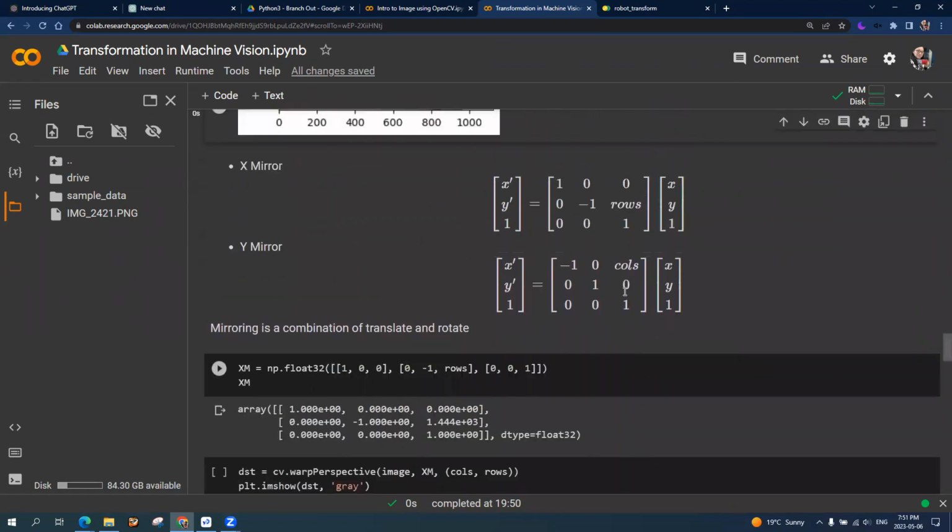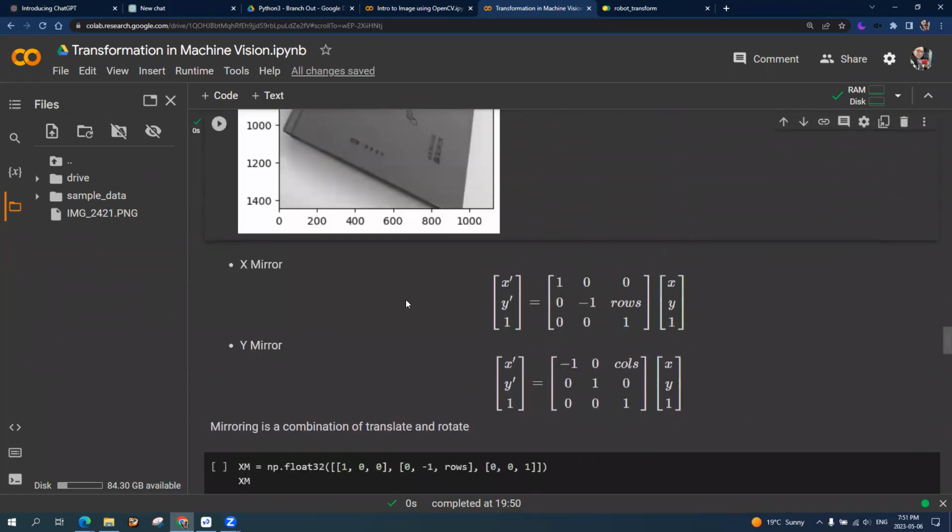Okay, so next thing, the mirroring. X mirroring and Y mirroring. So this is the matrix for doing the X mirroring and Y mirroring. That's the X and that's the Y. If you look at this, you can kind of see that, remember, this is where the translation numbers go, right?